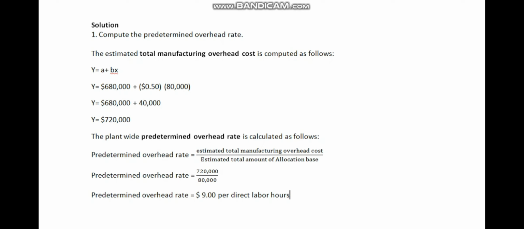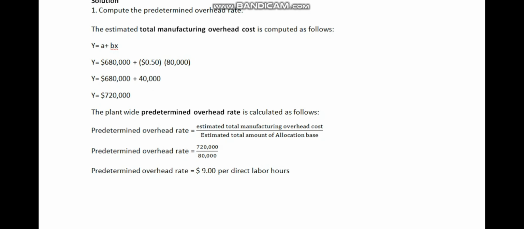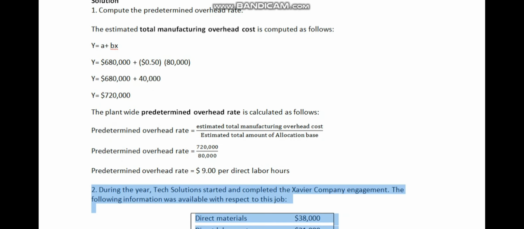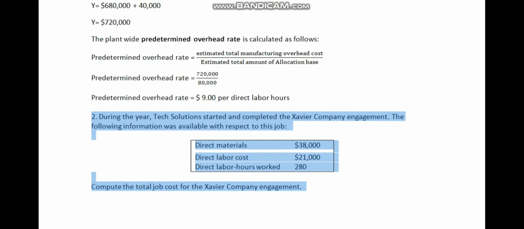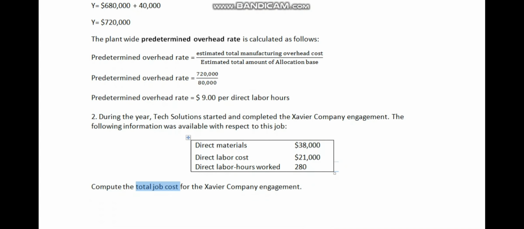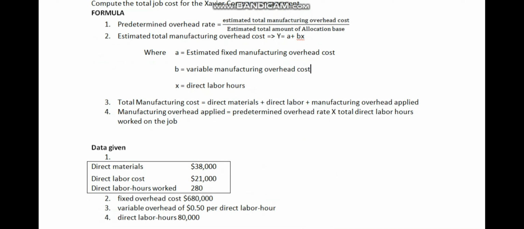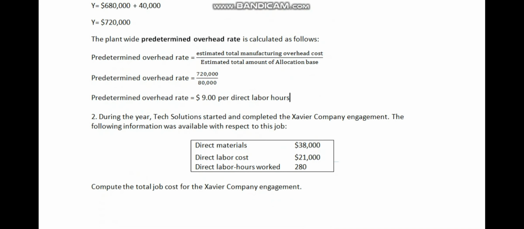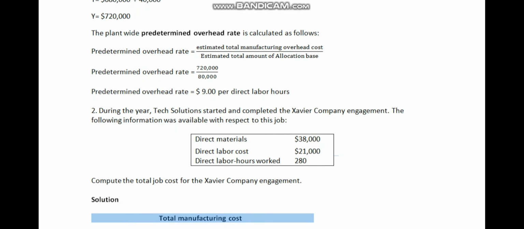We are done with the first requirement. The second requirement, we have this data given and we need to calculate the total job cost for the Xavier company. Now I'm going to use these two formulas together. First, of course, I'm going to calculate the manufacturing overhead applied, and let's start this.